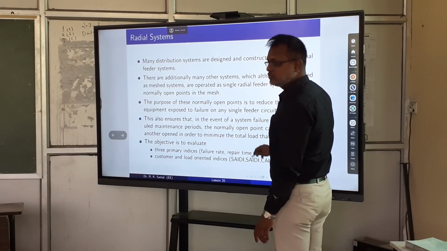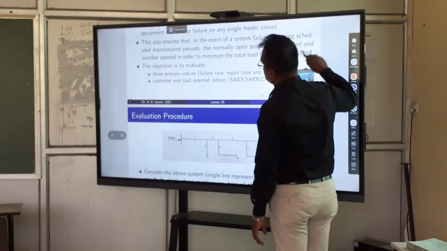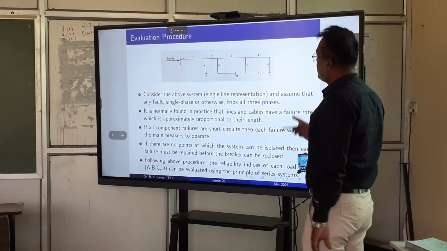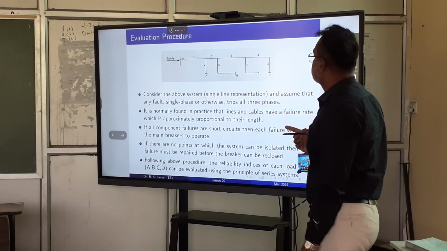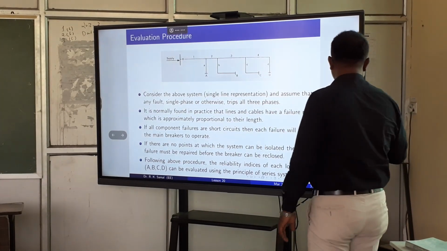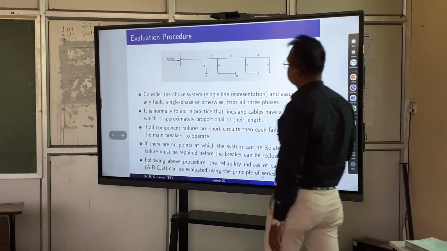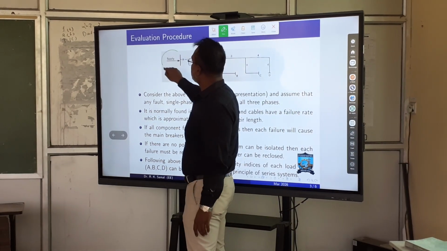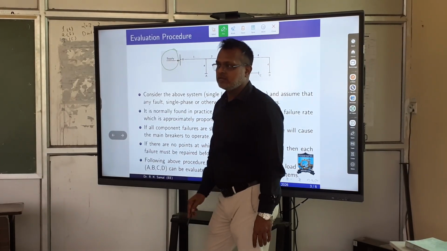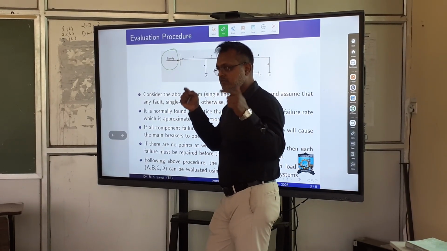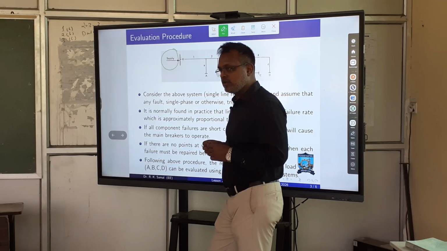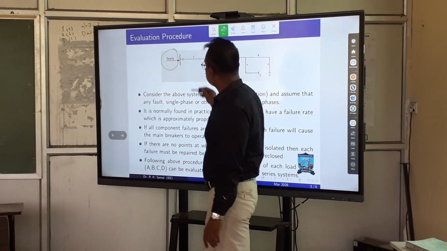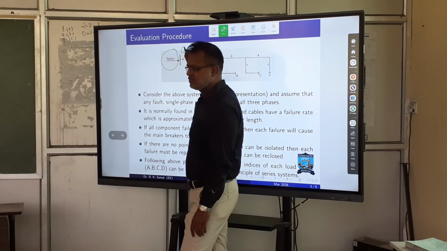Did you write this too? Draw this radial system. In a radial system you have got a supply from one side; there is only one supply side. This is a circuit breaker.